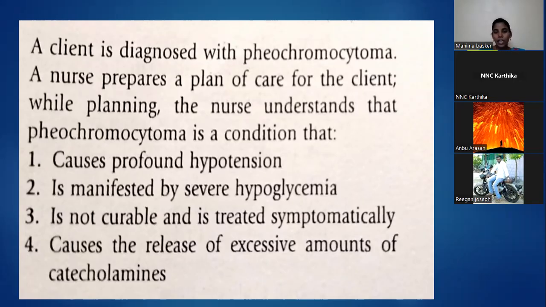While planning, the nurse understands that pheochromocytoma is a condition that, what is pheochromocytoma? It is excessive catecholamines like adrenaline and noradrenaline, which will be very increased. Excessive catecholamine is the condition of pheochromocytoma. So the answer is 4, causes the release of an excessive amount of catecholamine. Got the point?